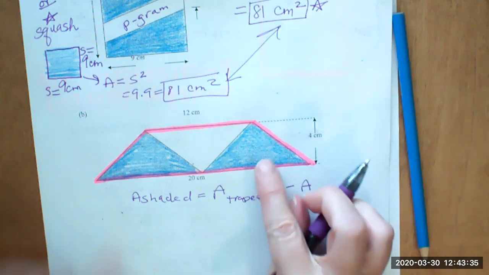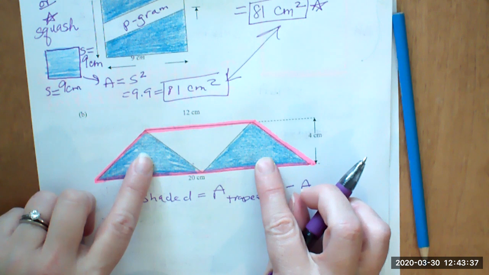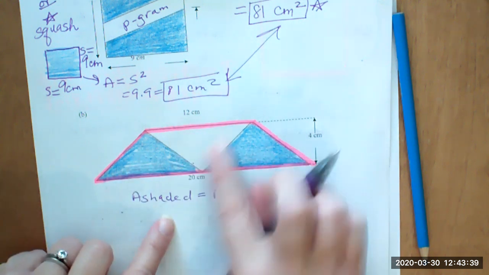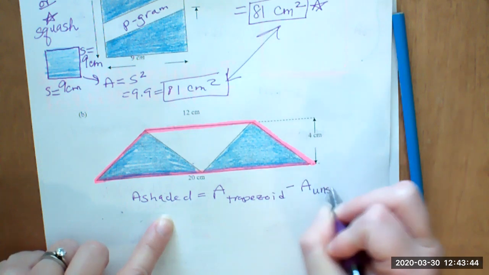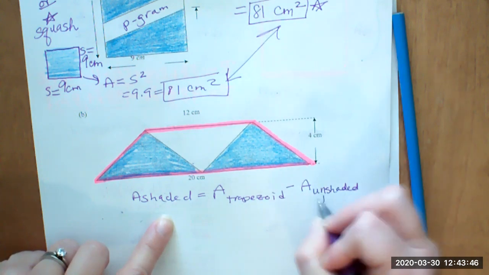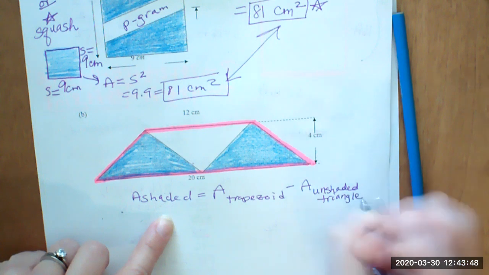If I want the shaded region, the space that I want to take away is the unshaded triangle. So minus the unshaded triangle. Okay?